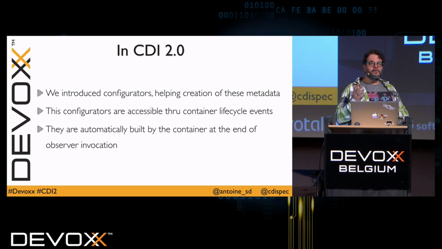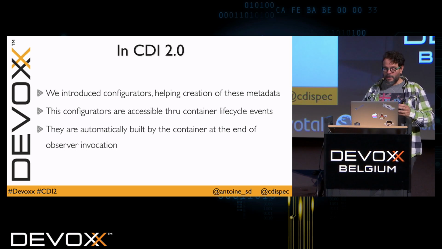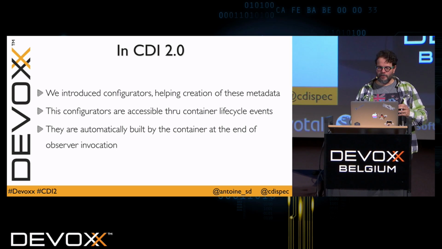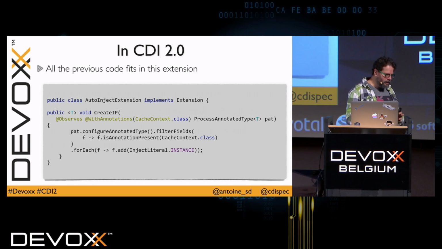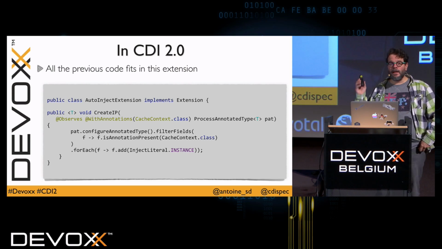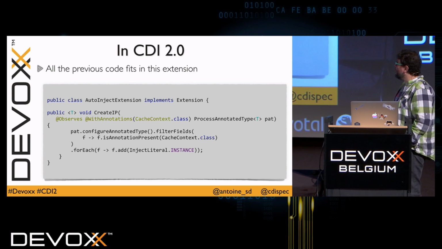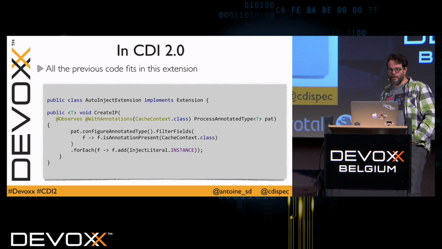It allows you to build that metadata at the end of the event invocation. So if we take the example before, all the slides you saw previously are done here in one slide.